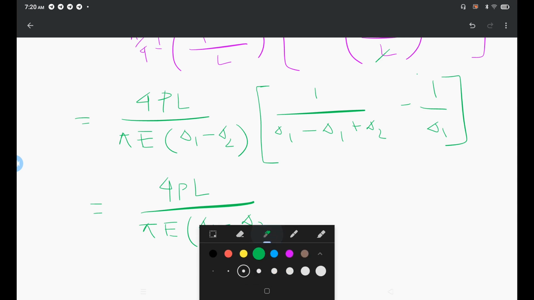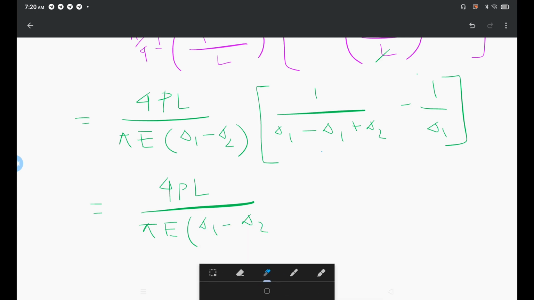Here d1 will cancel out, this will be 1 upon d2 minus 1 upon d1.